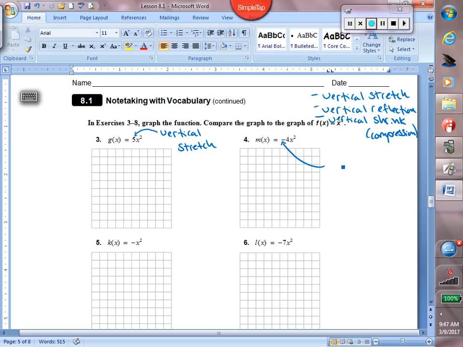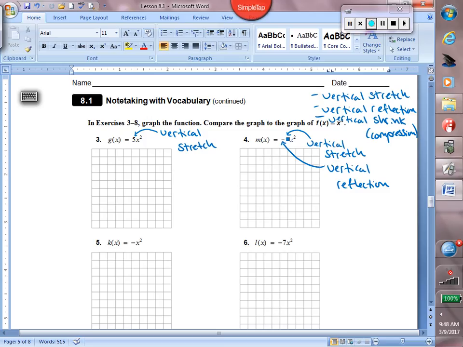The negative sign causes us to have a vertical reflection. The negative sign causes our graph to flip upside down, to open down instead of up. The 4 is bigger than 1, so we have a vertical stretch.